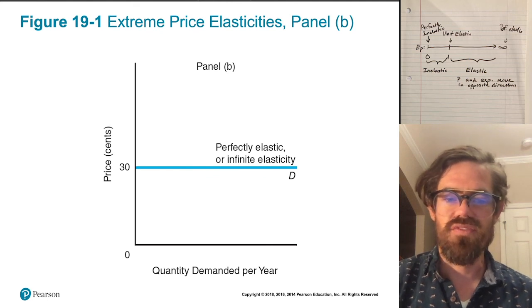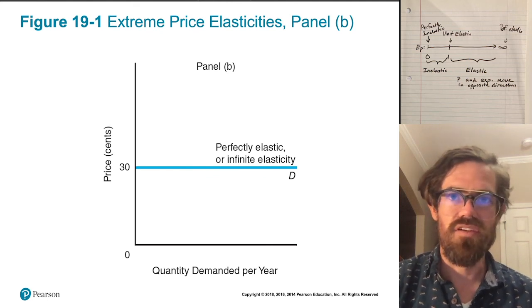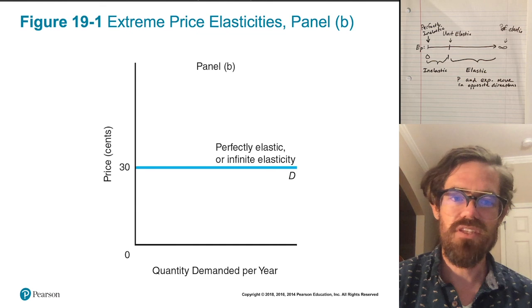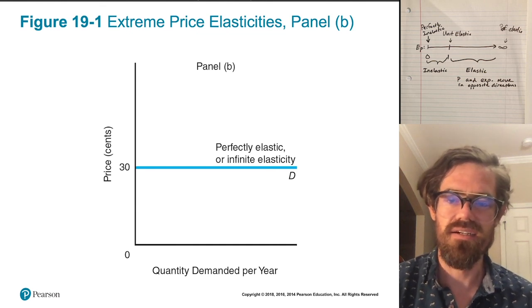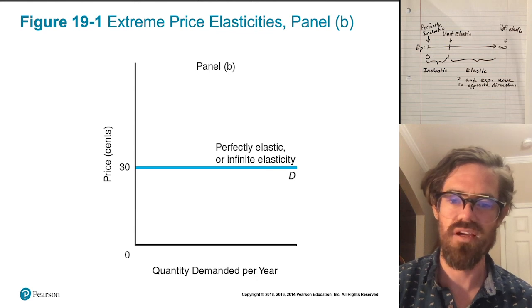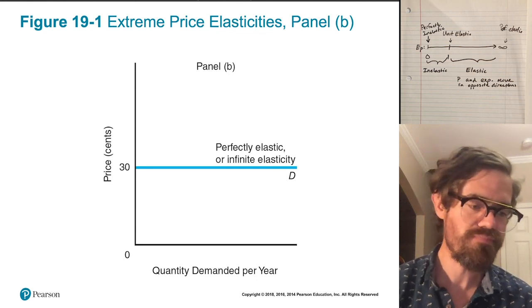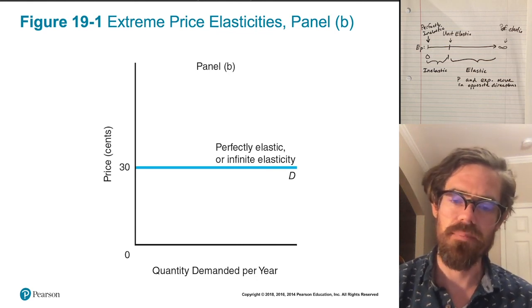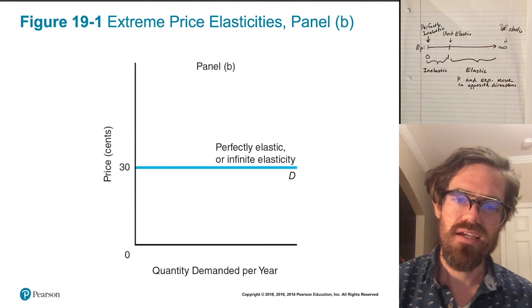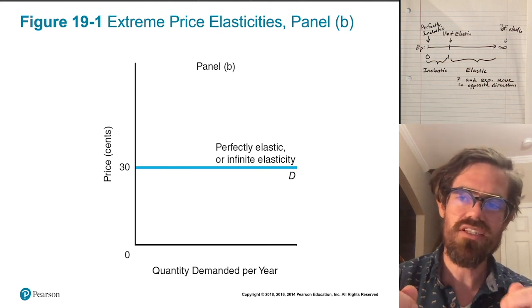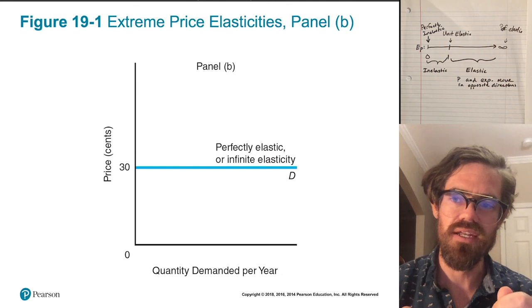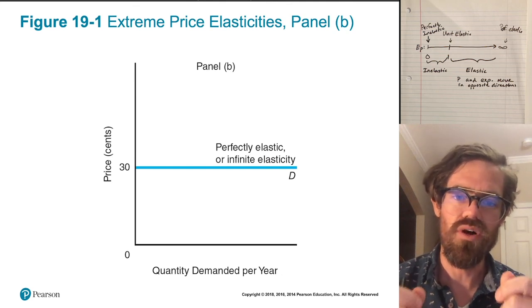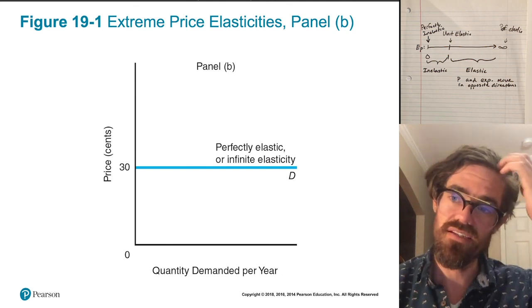And I could illustrate this for you with an interesting thought experiment. So suppose I had a dollar bill, right? A $1 bill with George Washington on it. And I told you, I want to sell this dollar bill to you, and I'm going to charge you $1.01.